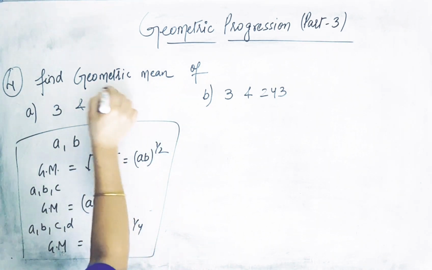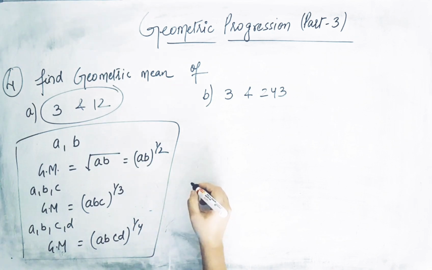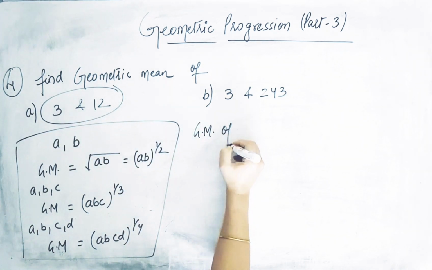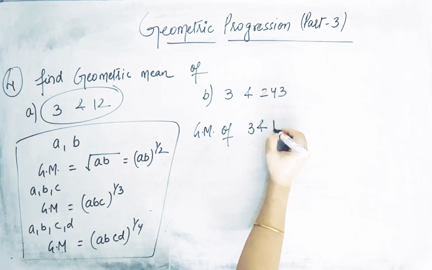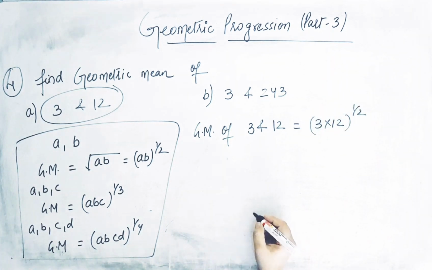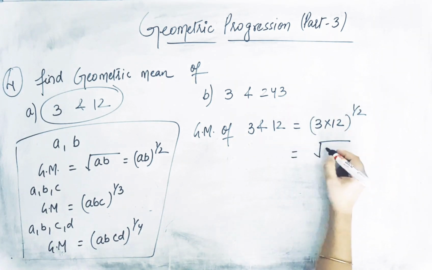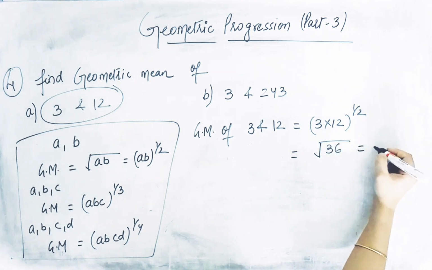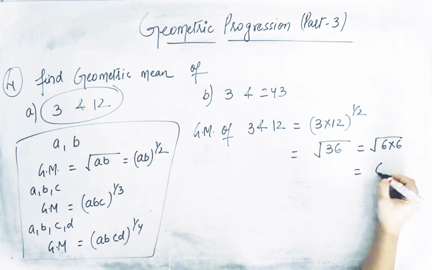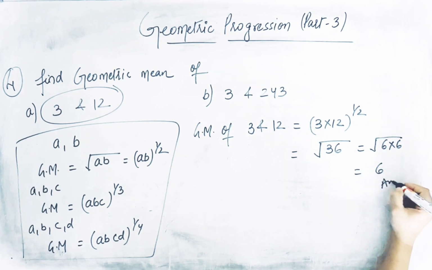What they have told is, find the geometric mean of 3 and 12. So GM of 3 and 12 will be (3 into 12) to the power 1 by 2, that is square root of 36, and square root of 36 we can write as 6 into 6, thus the answer will be 6.